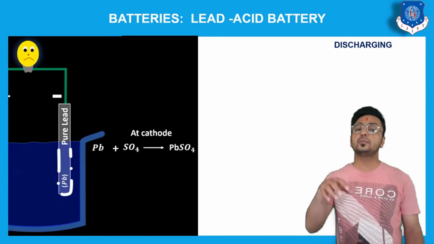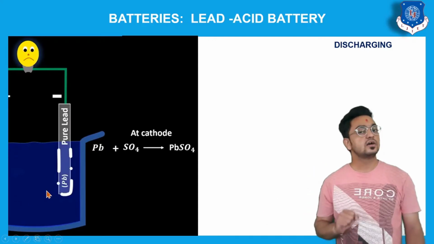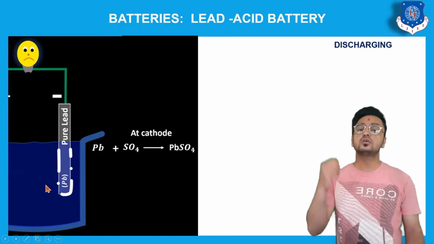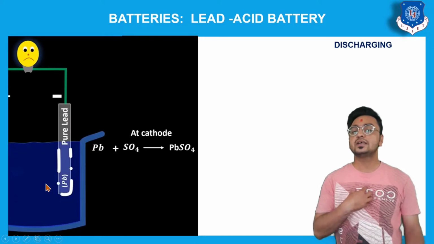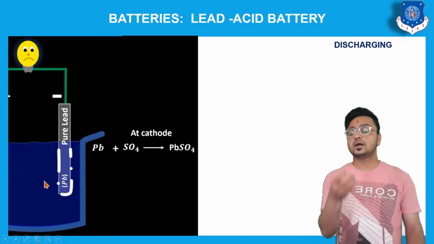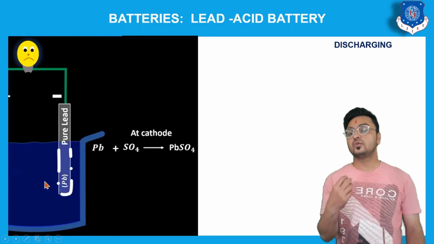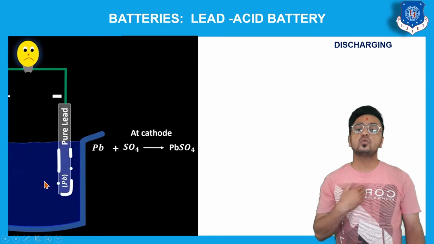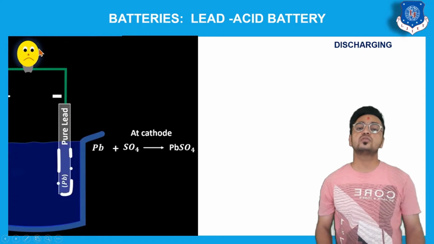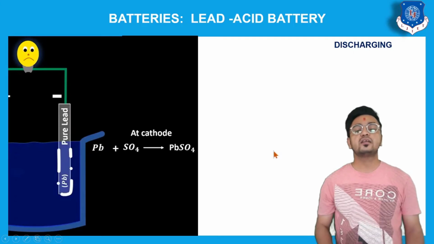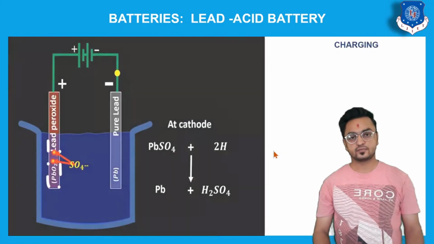When more water is added to the electrolyte, the amount of water increases and the H2SO4 decreases. Once the H2SO4 decreases below a certain level, it cannot provide supply to the load. At this time you can consider the battery to be in a discharged condition.